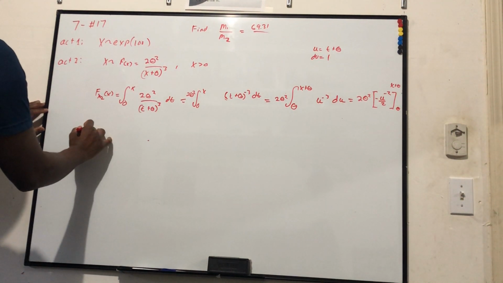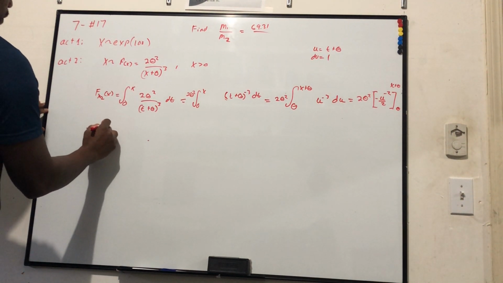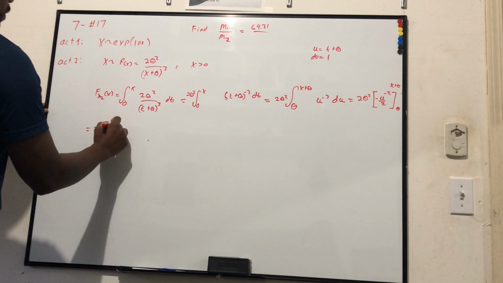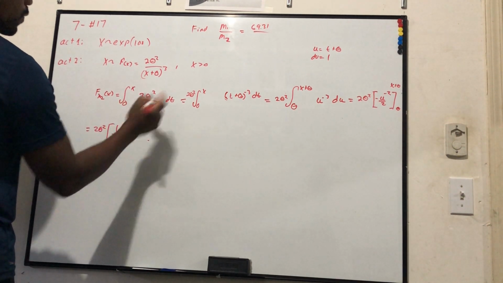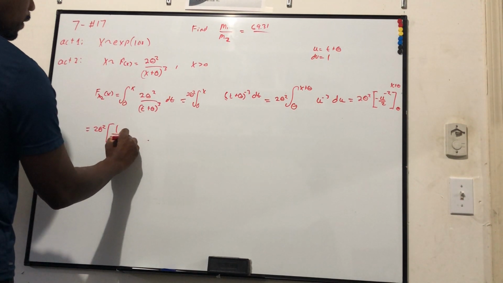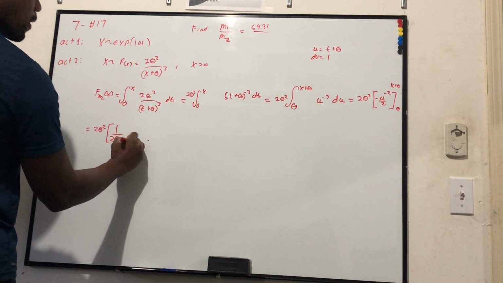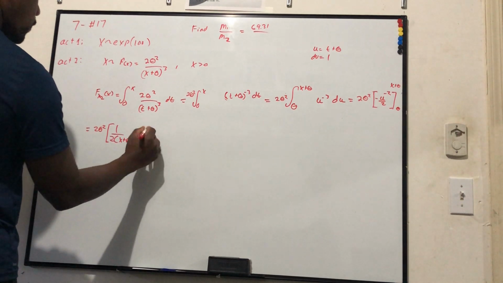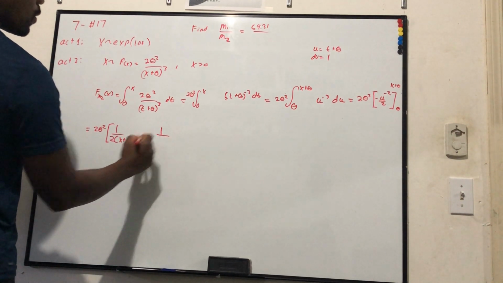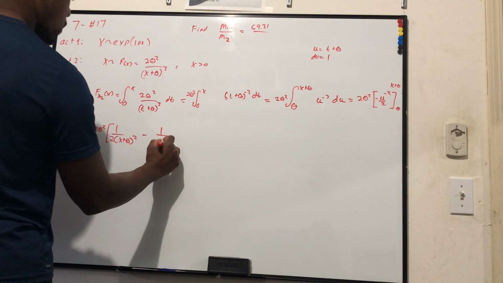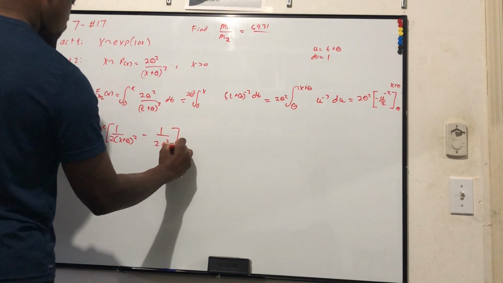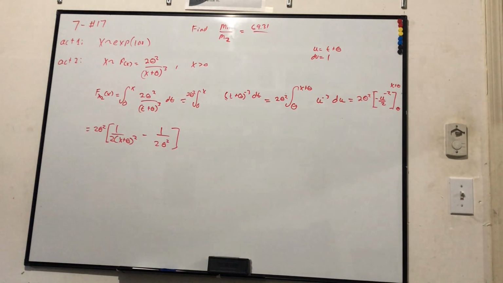So then, one over two over x plus theta squared, minus 1 over 2 theta squared. Okay, that's correct.